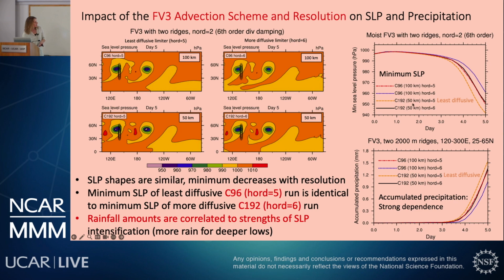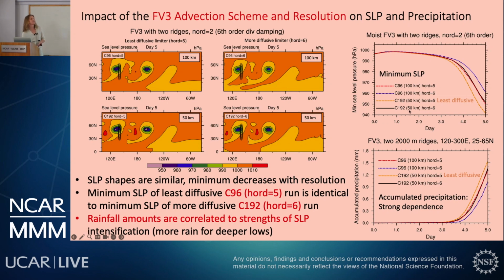And the interesting part, and really the take-home message is, as you observe in red and here in orange, the least diffusive options, you have this overlay of red and black. And what it really means, the least diffusive coarse resolution is showing identical results to the high resolution diffusive one.